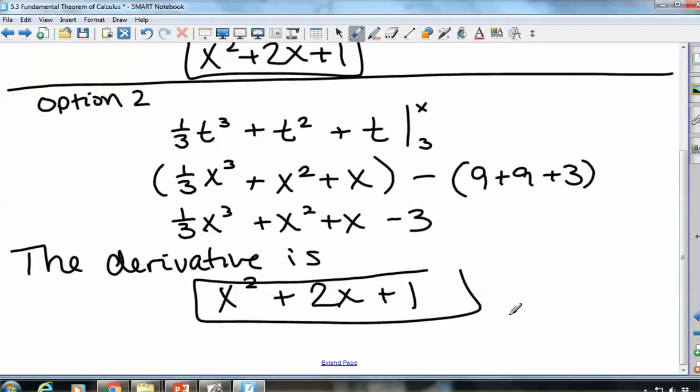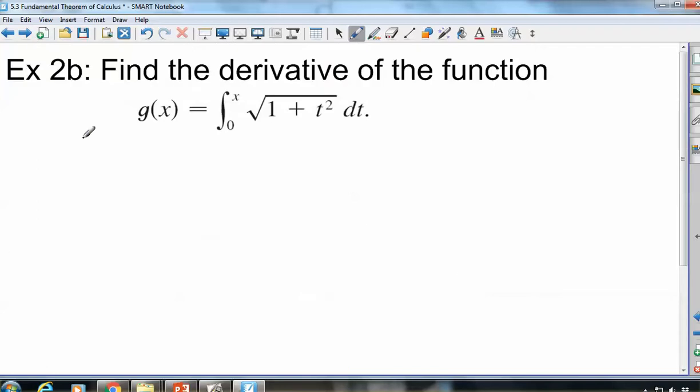Alright, any questions there? So let's just practice some. Let's find the derivative of this function. So we could work it all out. We could look, the square root exists as long as you're putting in positive numbers, right? And we are. In fact, in this case, it wouldn't even matter because it's t squared.